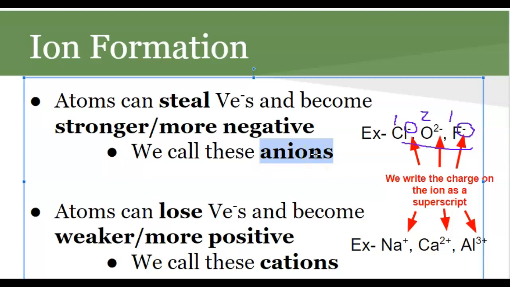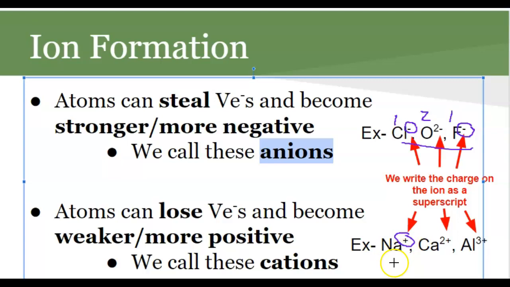Now, on the flip side, there are atoms that are going to lose valence electrons, because it's easier to lose them than try to gain 6 or 7 if they only have to lose 1 or 2. Those ones become positive, and those are called cations. Think of cats have paws. Cats are positive. You see that designation over here with sodium, which will lose 1.